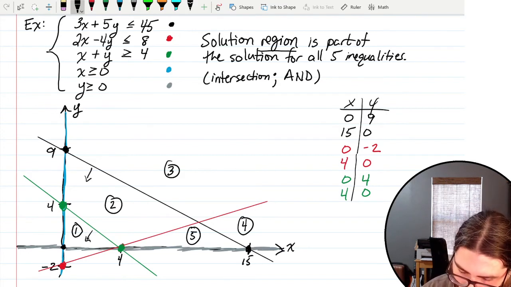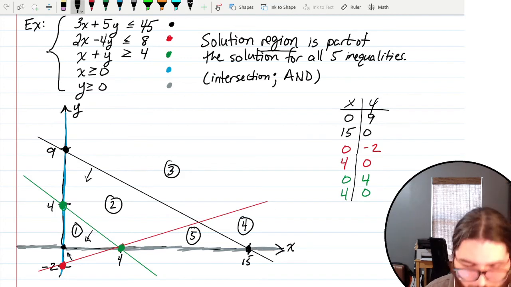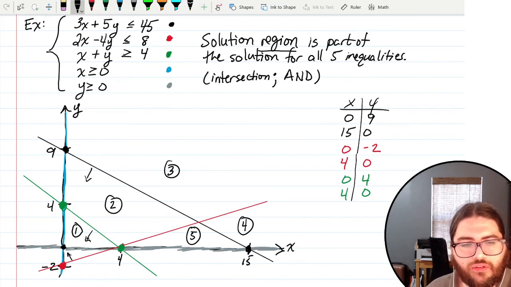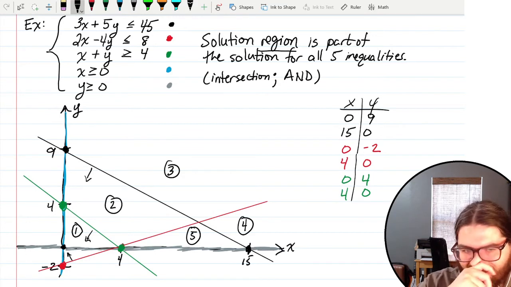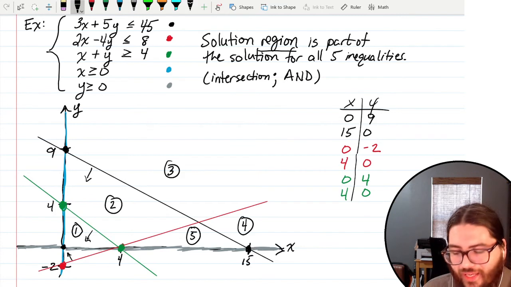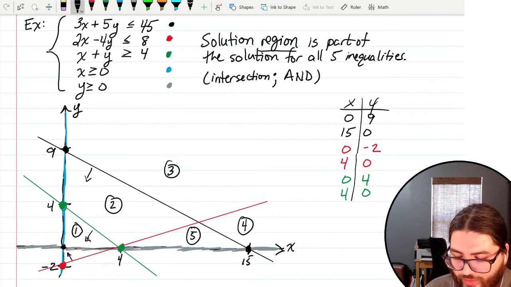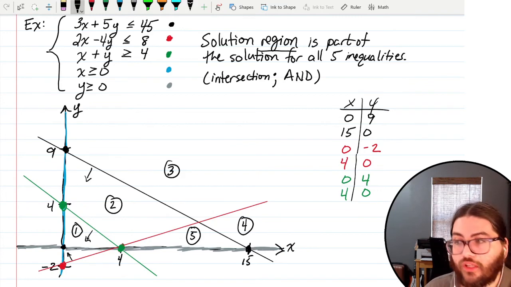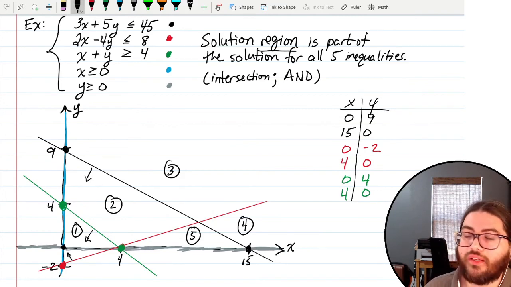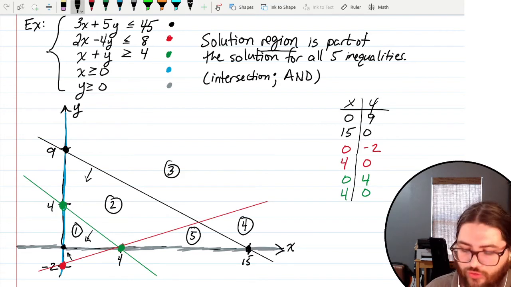It's towards the origin. I know it seems weird to draw it that way because it's a little bit negative there. It's towards the origin from the red line. So let me ask, should the origin be shaded for all of these, the green line, the red line, and the black line? That would tell me if that is true or not true.